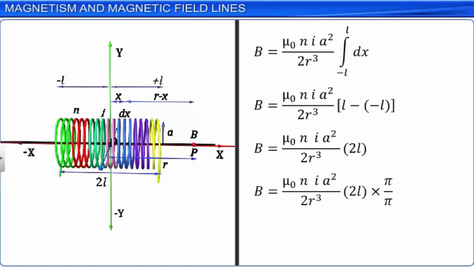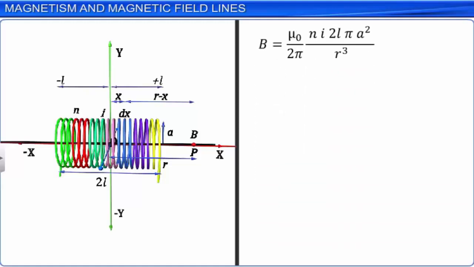We learnt earlier that a current-carrying loop behaves like a magnetic dipole, and its dipole moment is given by M = I A, where A is the area vector of the loop. The solenoid consists of n number of loops per unit length. I is the current through the solenoid, and a is the radius of each loop.